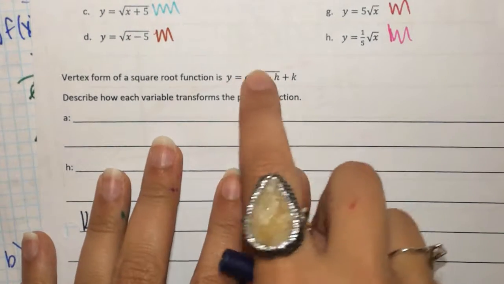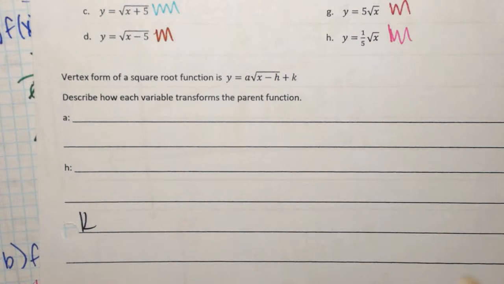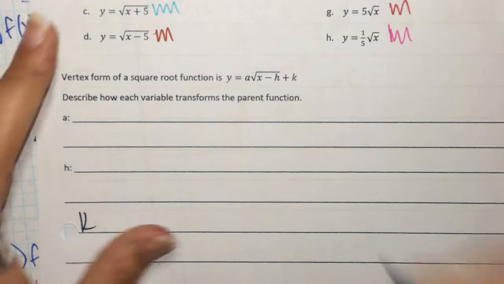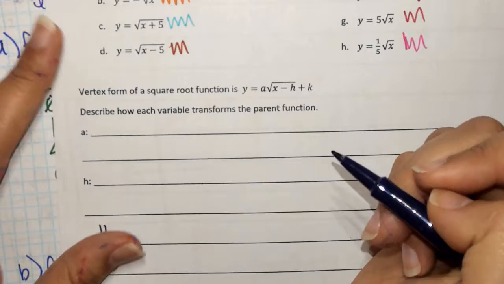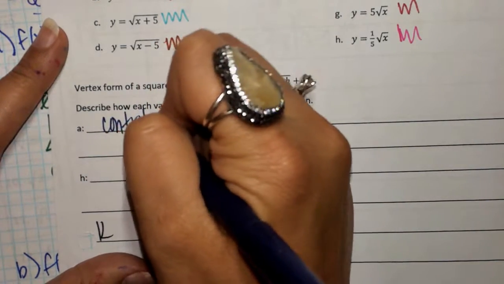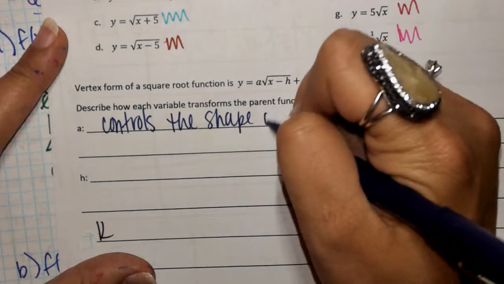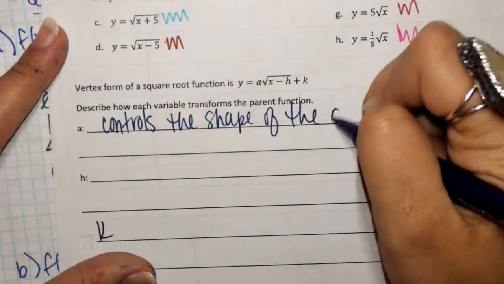Now, A, that's the number out front. What does A do? If it's positive, it means it goes up above the x-axis, right? If it's negative, what does it do? And if it's a whole number, what does it do? Makes it steep, right? And if it's a fraction, it makes it flat. So A controls the shape of the graph.